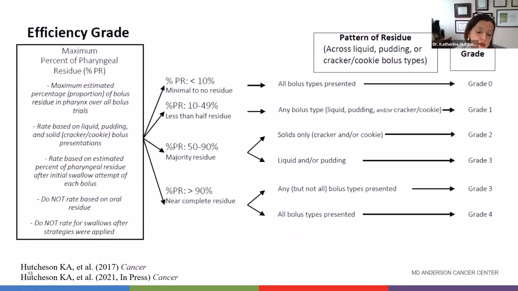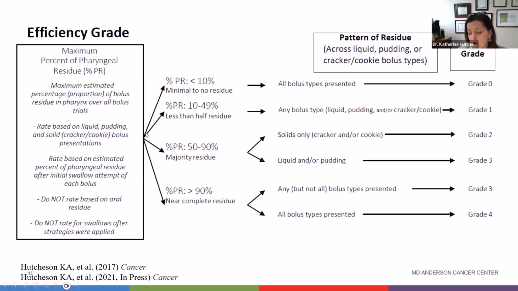Likewise, the efficiency grade for Digest starts by observing the amount of residue for each bolus trial in your protocol, and then identifying the maximum percentage of residue that was observed over the course of the study. In the right-hand side of the decision tree, you can see that the logic branches in the scenarios where higher grade residue was observed.